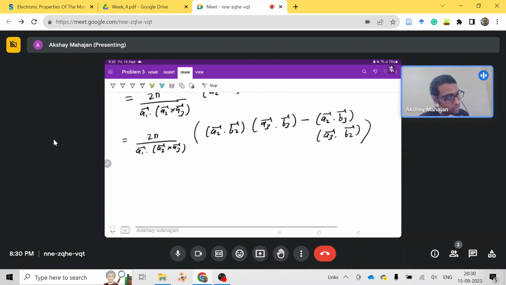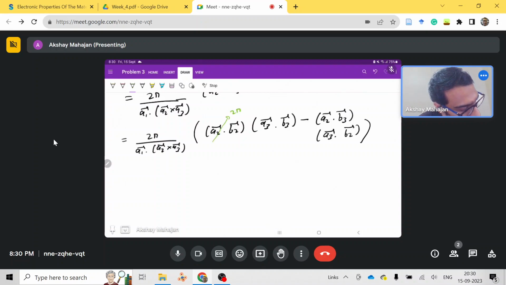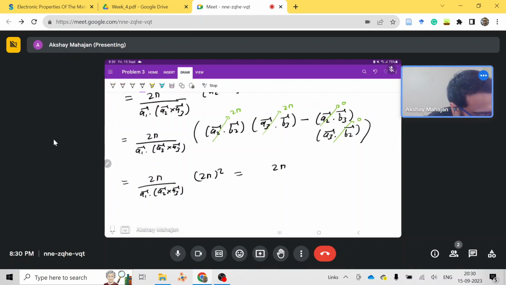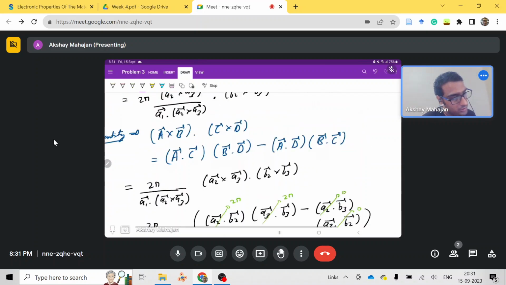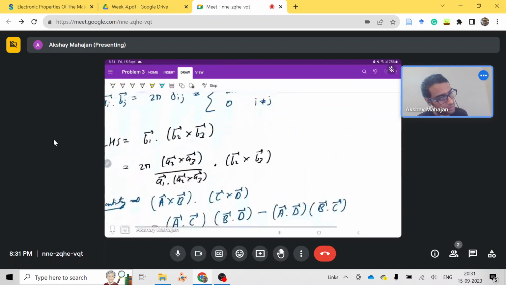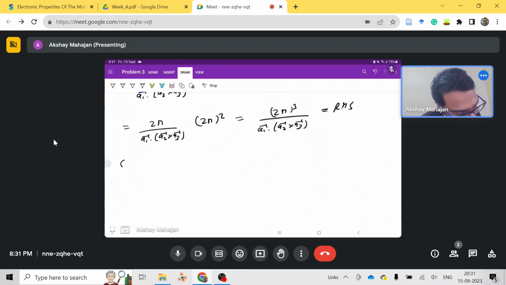Now using the orthogonality condition, this is going to be 2 pi, this is going to be 2 pi, this is going to be 0, and this is also going to be 0. So from here we will have 2 pi divided by e1 vector dot e2 vector cross e3 vector times 2 pi whole square, or simply 2 pi whole cube over e1 vector dot e2 vector cross e3 vector, which is our RHS.